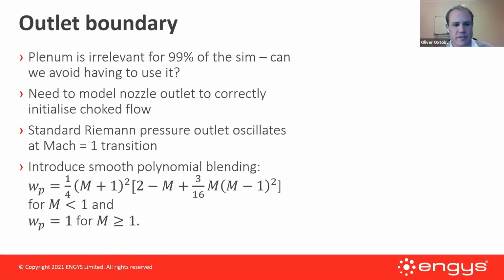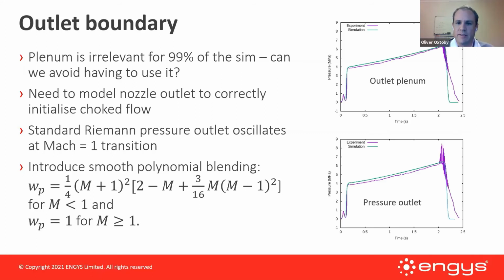So fairly much in the spirit of what is done in the AUSM flux splitting scheme which we use, we tried introducing this polynomial blending factor. It's the simplest function which blends in a smooth and differentiable way from the fixed value to the zero gradient condition. And that then sorted out the instability.